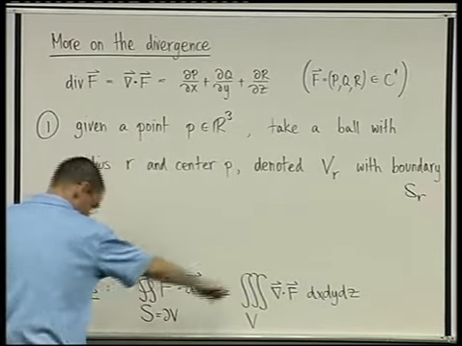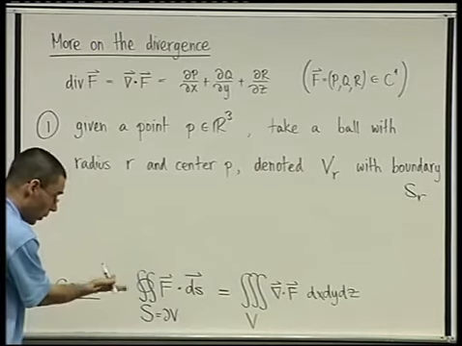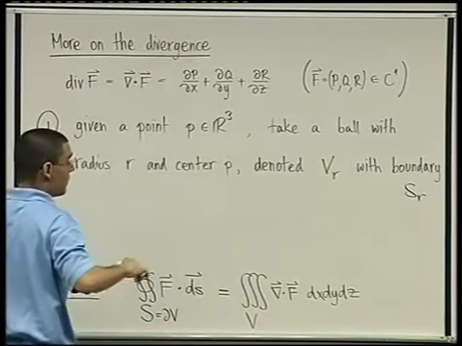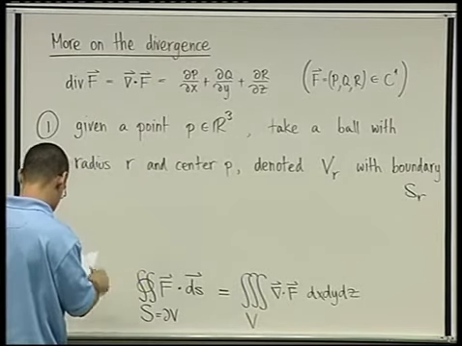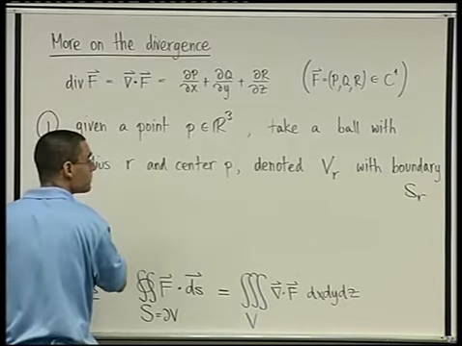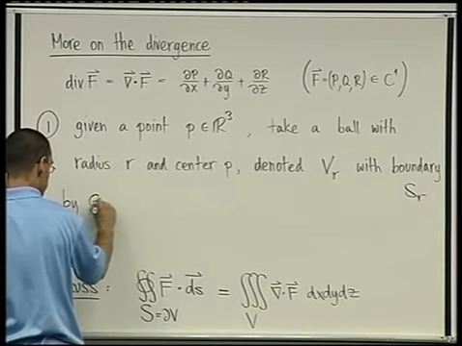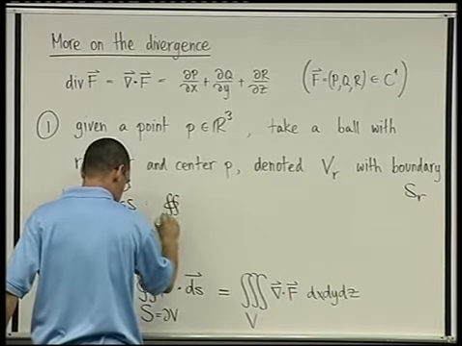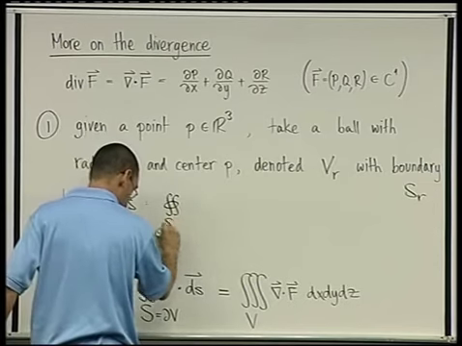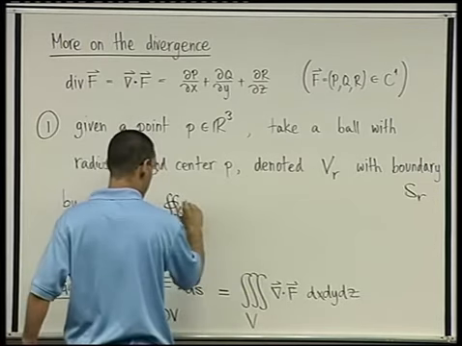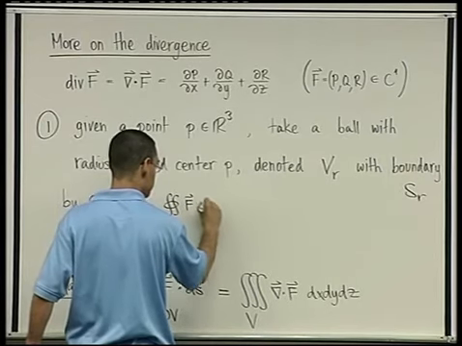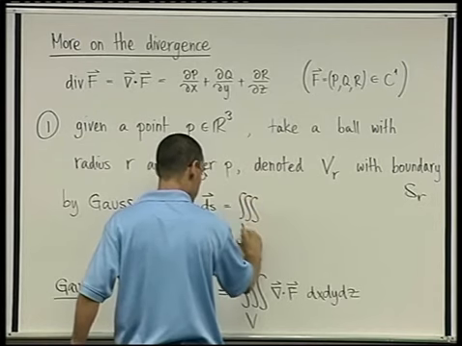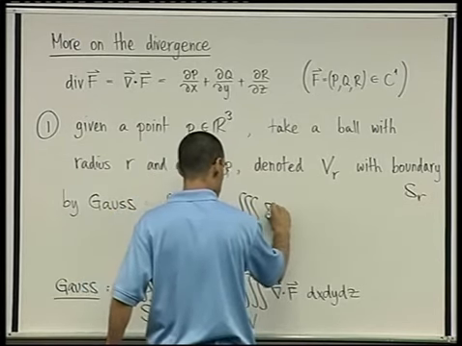Now, according to Gauss's theorem, which we now know holds, and in order to write it, we don't need to go back to the definition of the divergence. According to Gauss's theorem, the surface integral over SR of our given field equals the triple integral over VR of the divergence.